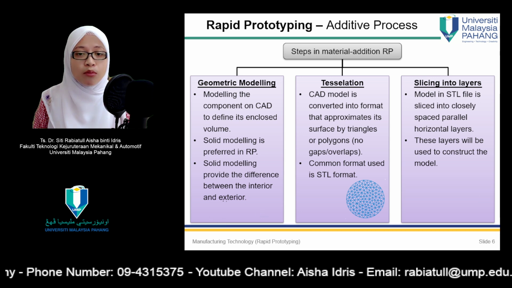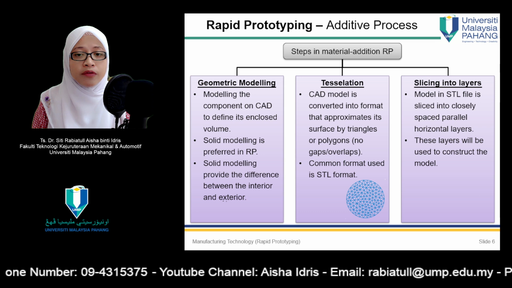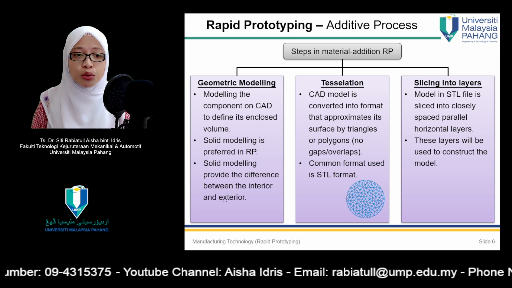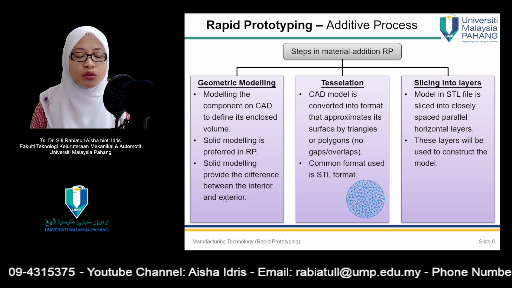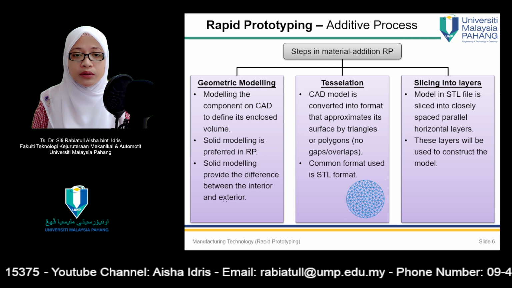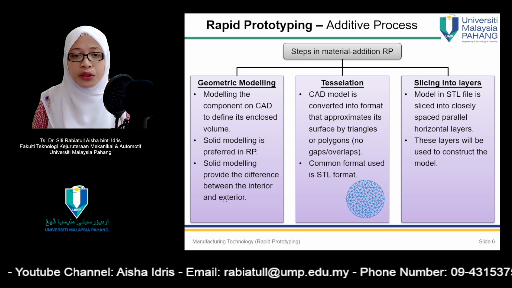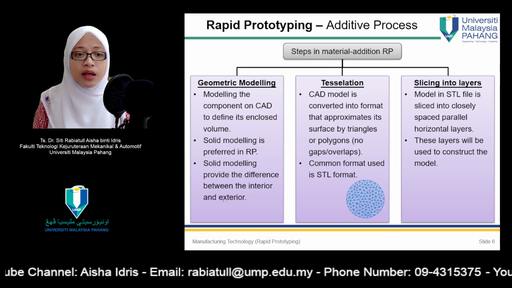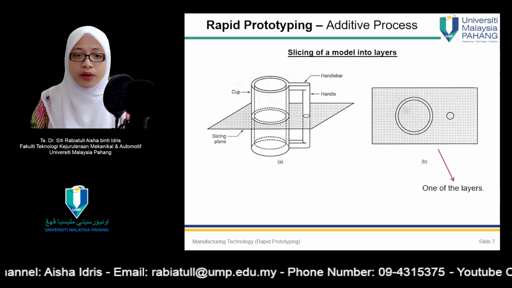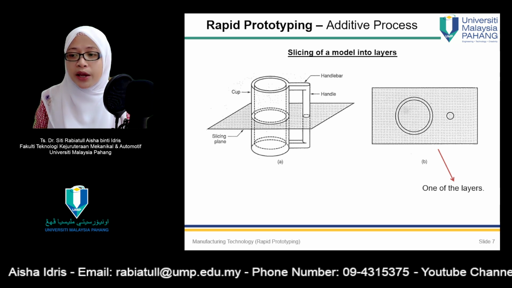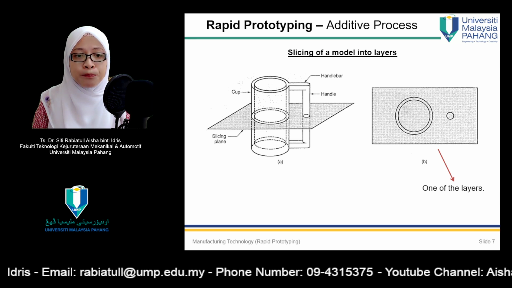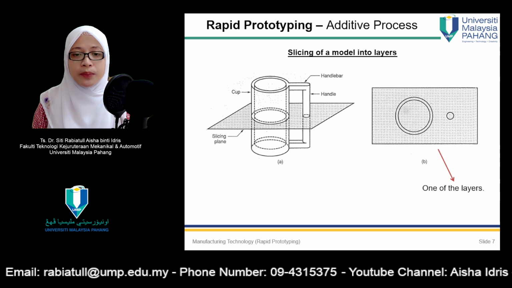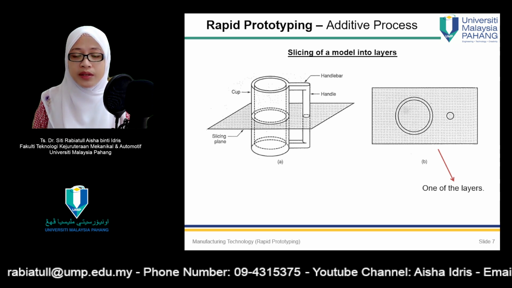Number three is slicing of the model into layers. In this step, the model in STL file format is sliced into closely spaced parallel horizontal layers. Conversion of a solid model into layers is illustrated in this figure here. These layers are subsequently used by the RP system to construct the physical model.